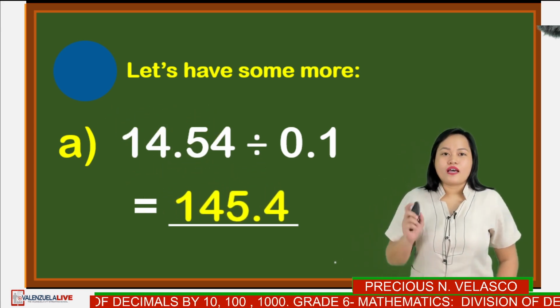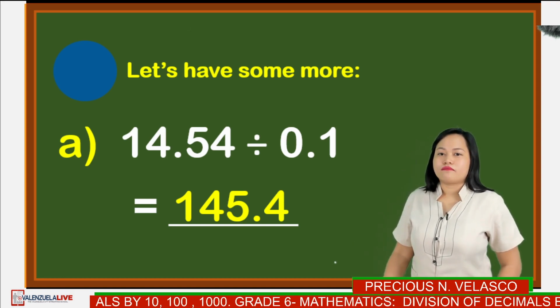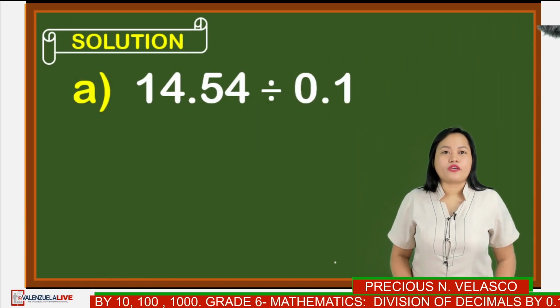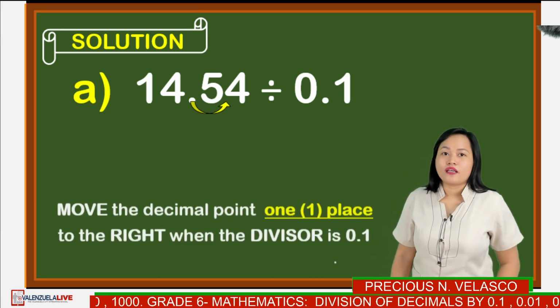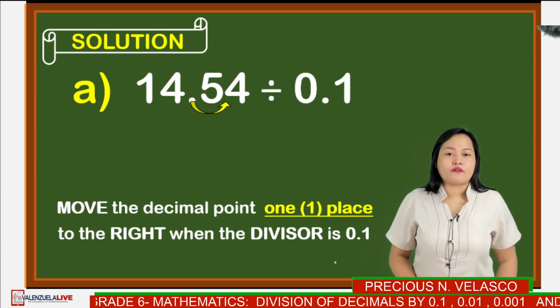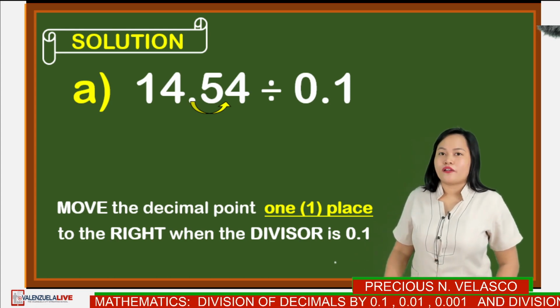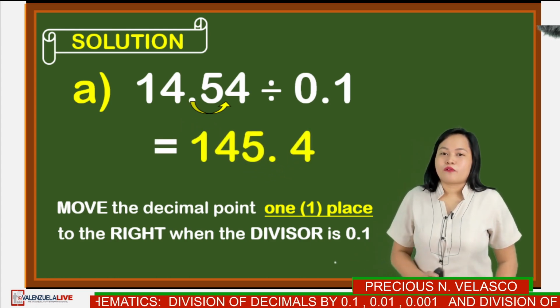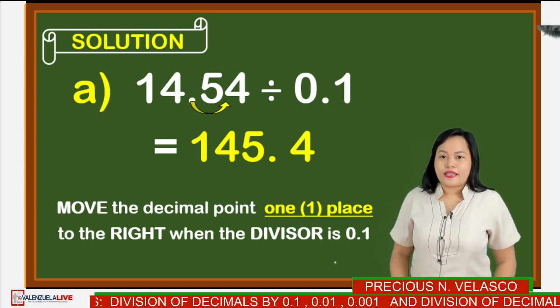Very good, you've got it correct. And how do we do that? In this equation, we move the decimal point 1 place to the right when our divisor is 1/10. Very good observation. That's why we come up with a quotient of 145 and 4/10.